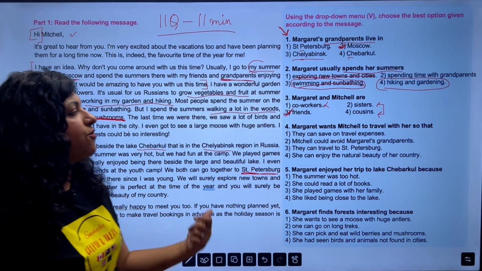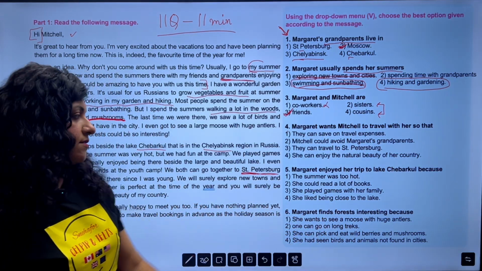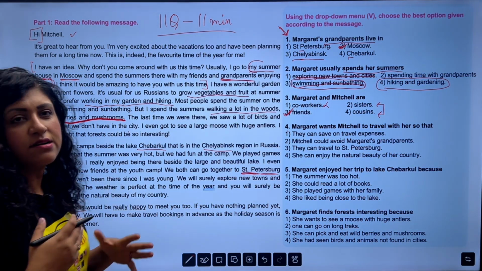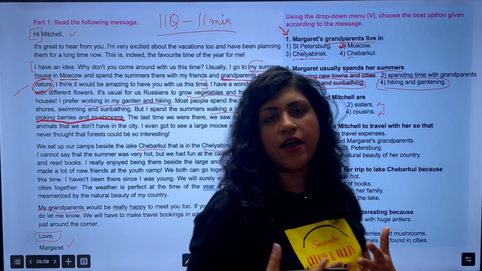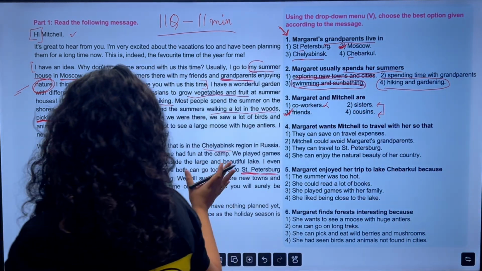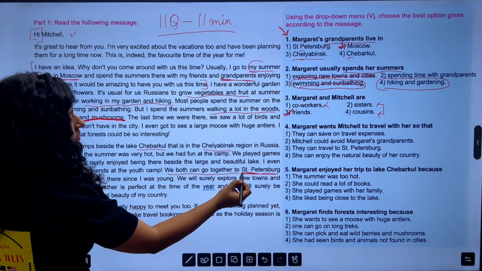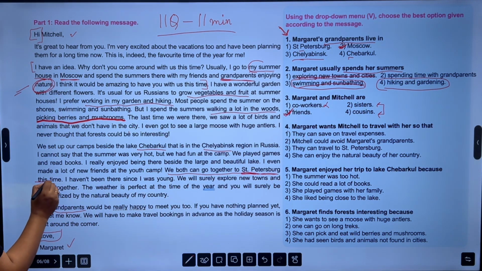Now, question number 4 says, Margaret wants Michelle to travel with her so that. So, what's the reason why Margaret wants Michelle to travel with her? If you remember, we read this line that we both can go together to St. Petersburg this time.